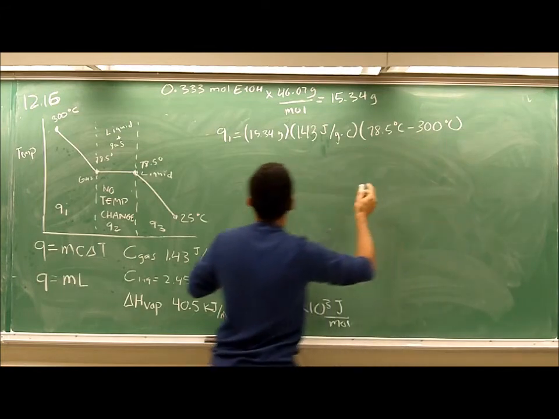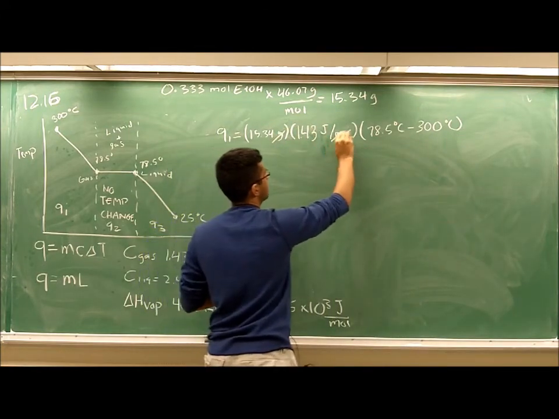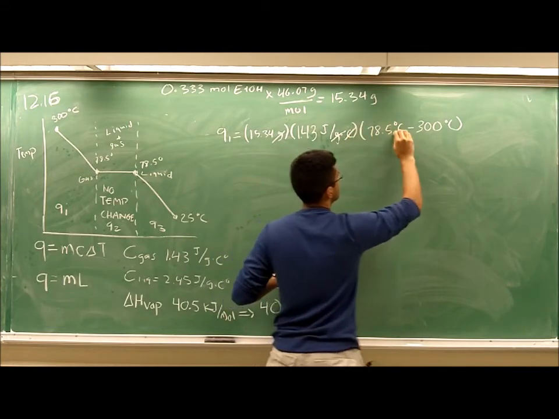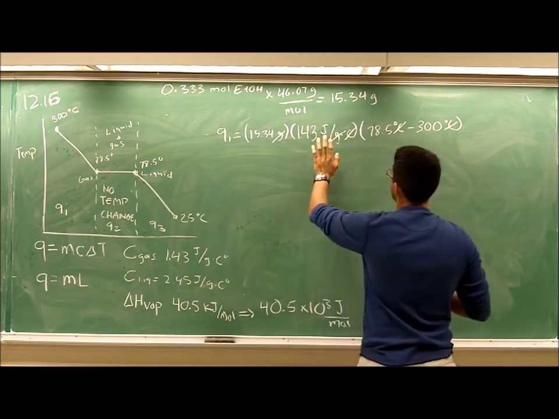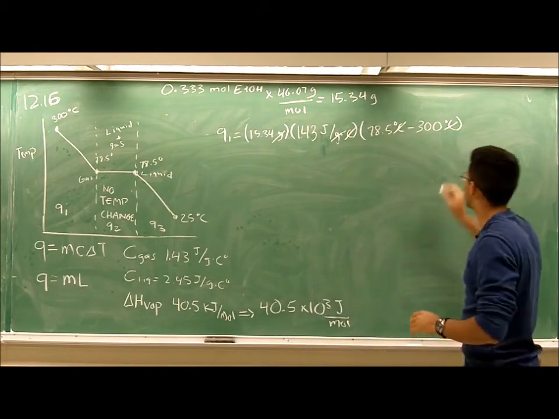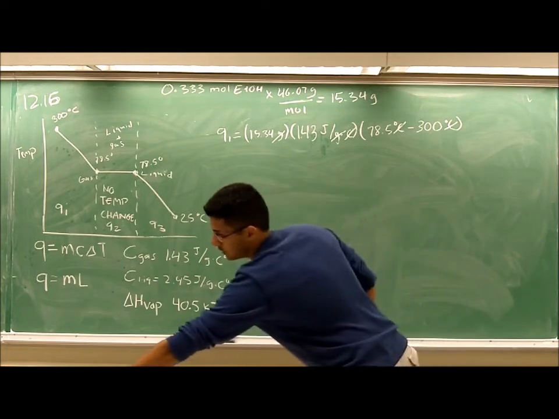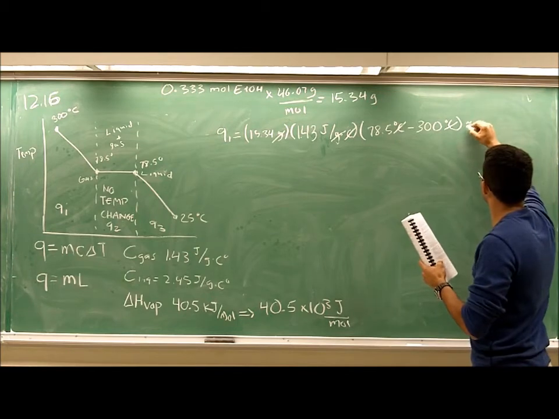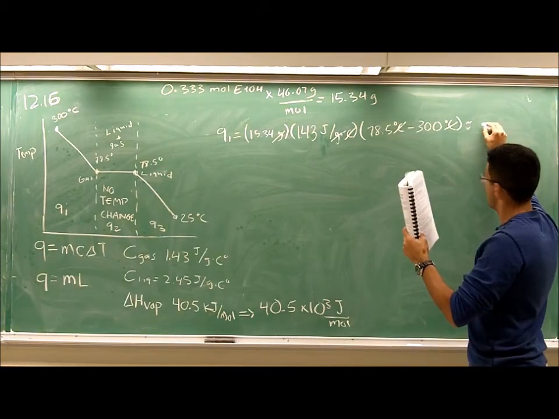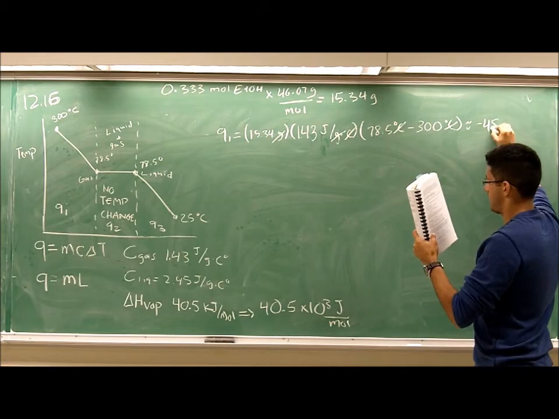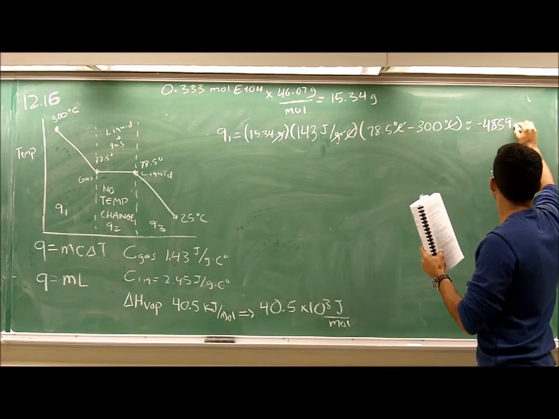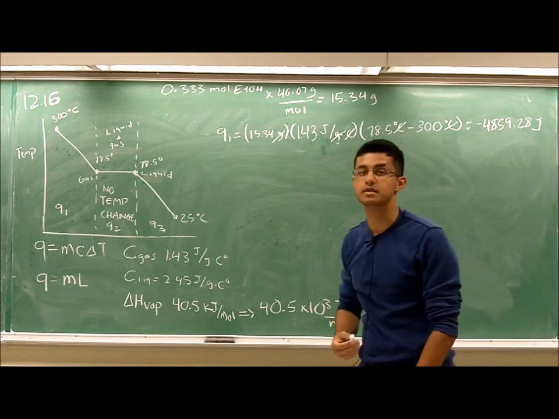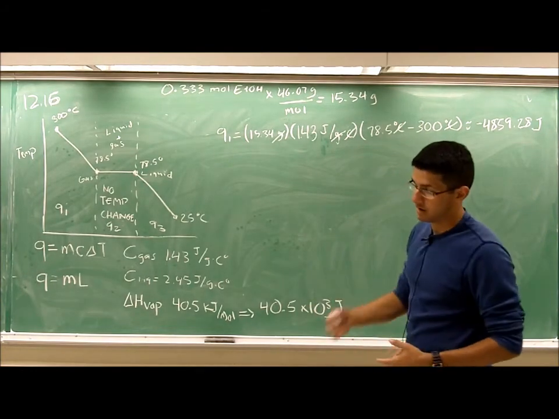All the units should cancel out: grams cancels out, and the temperature should cancel out. So you know you have the right answer because your answer is in joules. Q1 in this case is approximately negative 4,859.28 joules. It's negative because we're cooling things, and so heat is being given off.